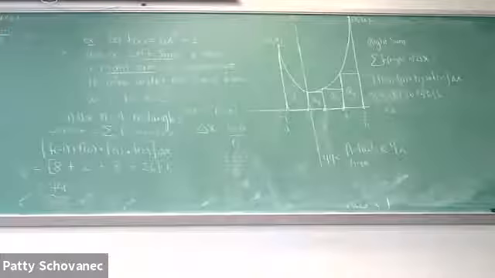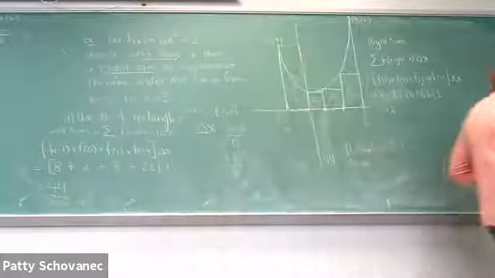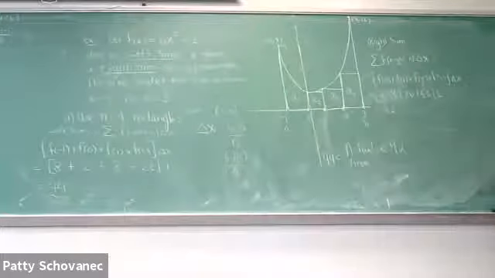This would now be at 3 halves, and this one's at 5 halves. So my 8 rectangles, 1, 2, 3, 4, 5, 6, 7, 8.